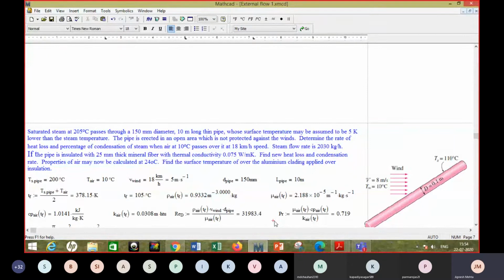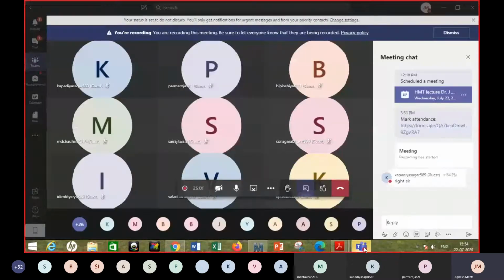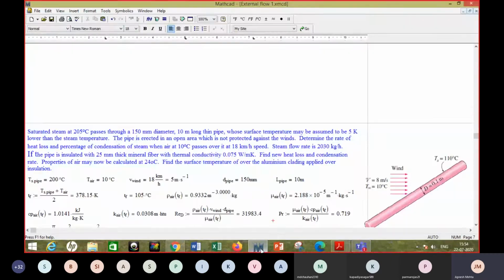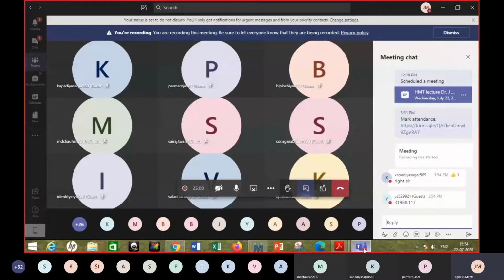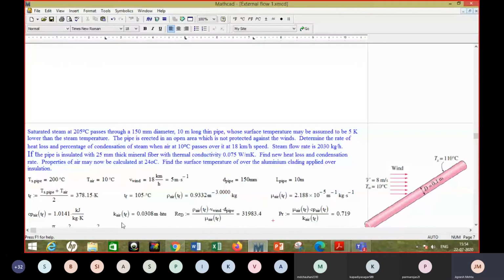So most of the times the properties are found at the average temperature of the surface and the fluid, right? But there are some correlations where you take the fluid properties at the fluid temperature, right? So I think two people have confirmed that you are getting it around 32,000, right?